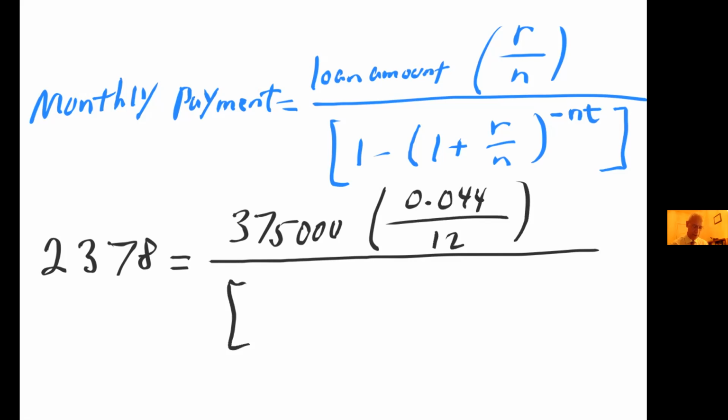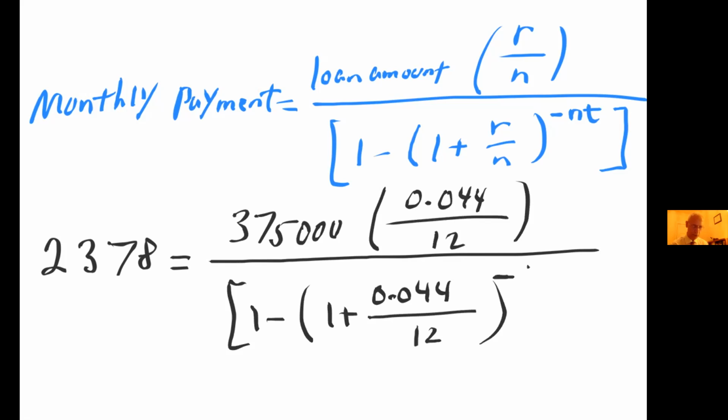And then I have 1 minus (1 plus 0.044 divided by 12) to the power of negative 12 times t. And we are solving for this t right here.